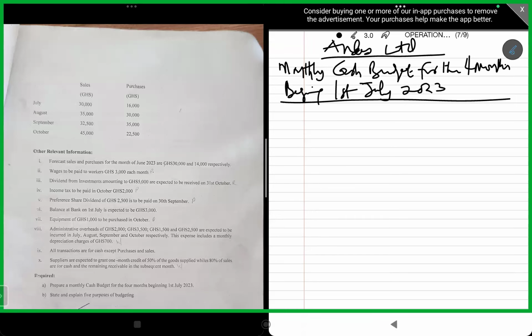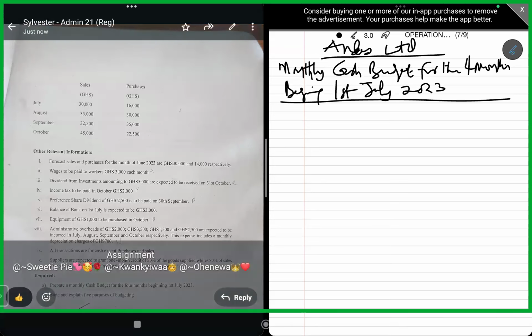Suppliers are expected to grant 1 month credit on 50% of the goods supplied, while 8% of sales are for cash, and the remaining receivable is in the subsequent month. All right. So before you start this, what you must first do is this.